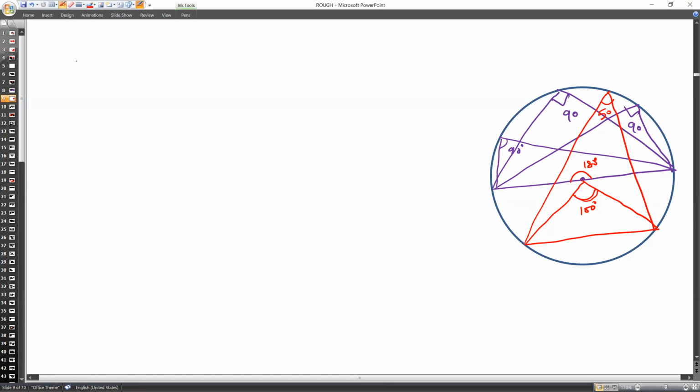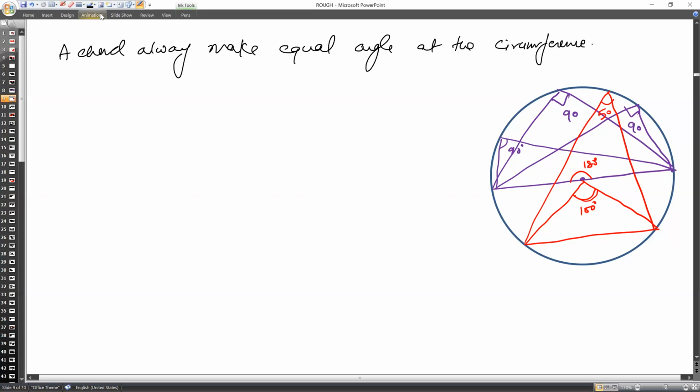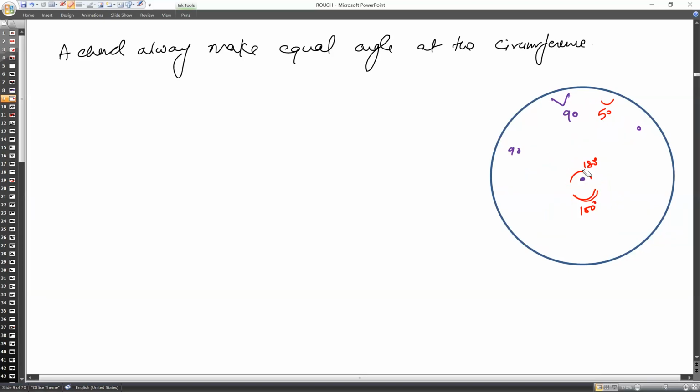is that a chord always makes equal angles at the circumference. Okay, what does it mean?